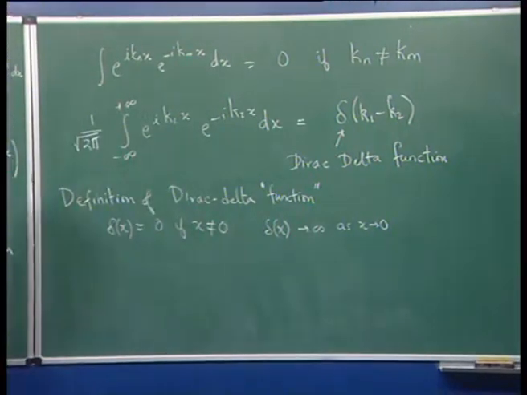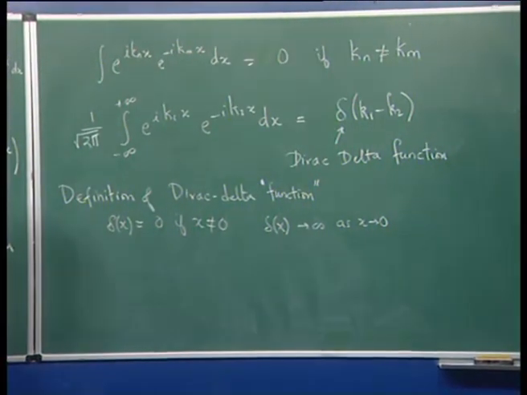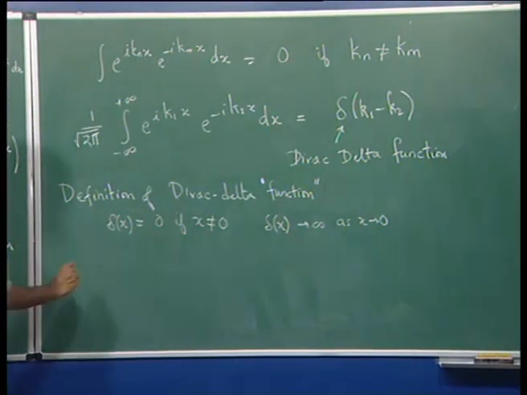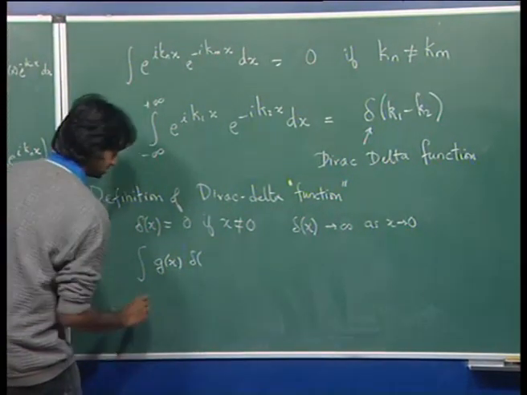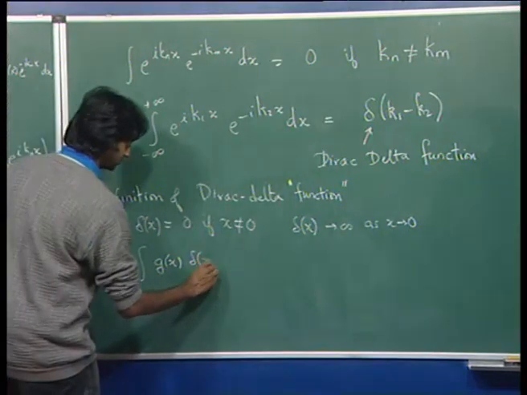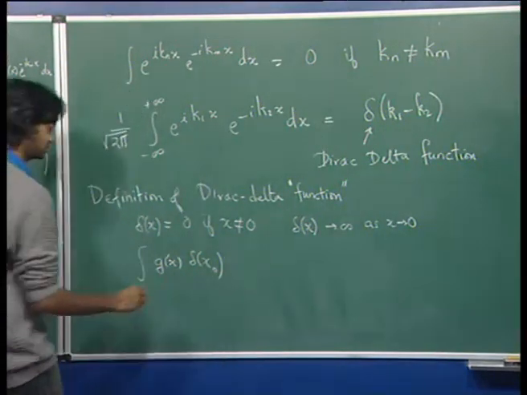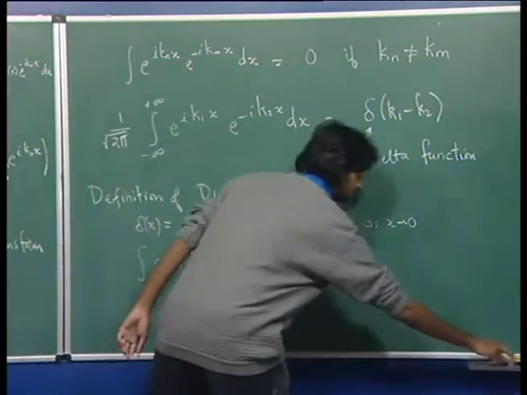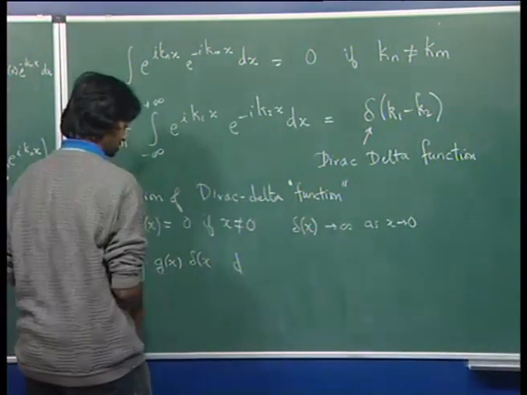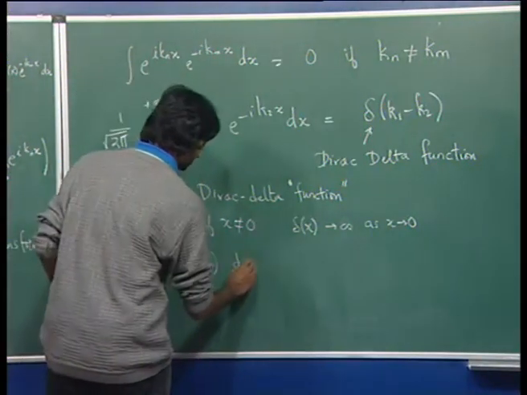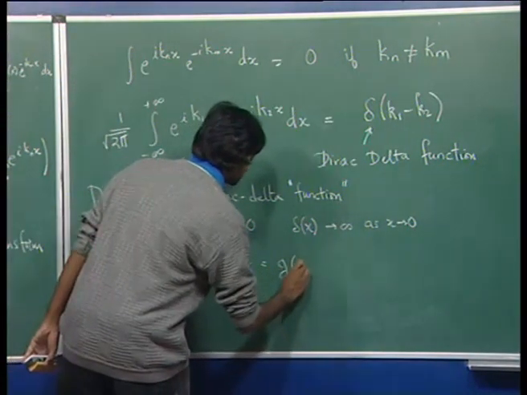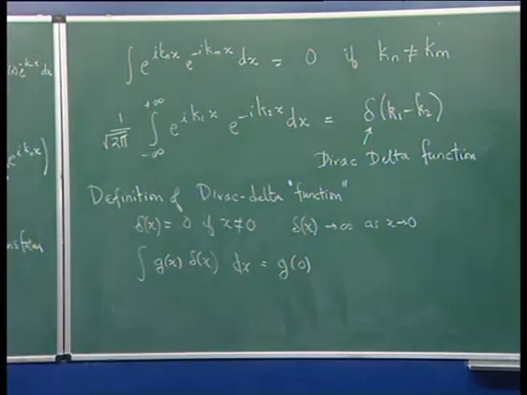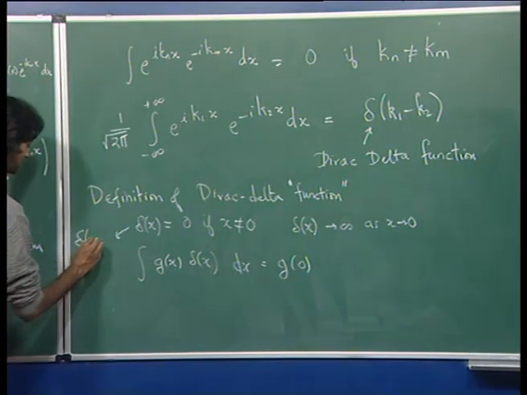And finally, the most important part of the definition is that the integral of g of x delta of x dx is equal to g of 0. So this is basically delta of x minus 0.